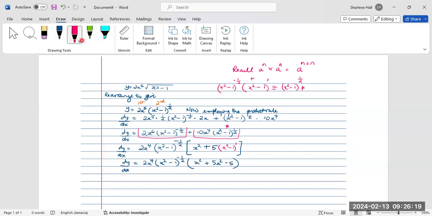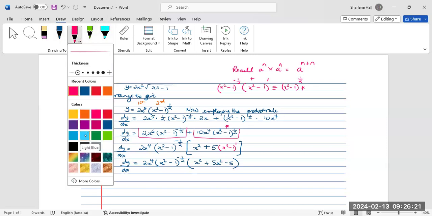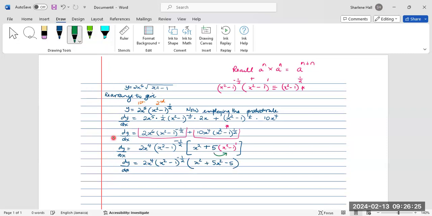Yes, sir, because the number is in front of the bracket, so you are allowed. Is that the reason why I'm allowed to do that? I spoke to you about this last class. Is that the reason why I'm allowed to do it?